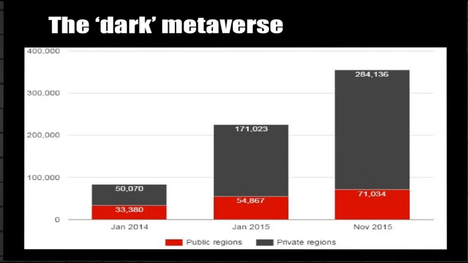That's my best current estimate, and this dark metaverse, as I'm calling it, is actually growing faster than the public grids that we see. So this is all the school classes, and some of the educational deployments are just huge. You have like an entire country rolling this out for school after school after school. It's really amazing.